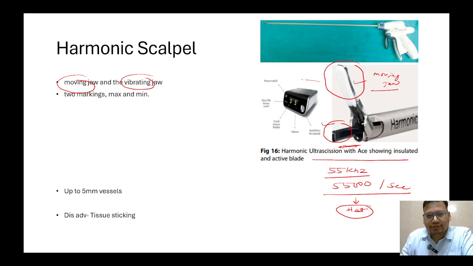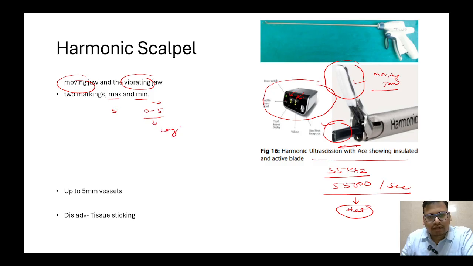It is attached to a machine. In the machine there are two settings, one is minimum, one is maximum. The maximum we have to set at 5. The minimum we set from 0 to 5. The lower the setting, the more the coagulation.